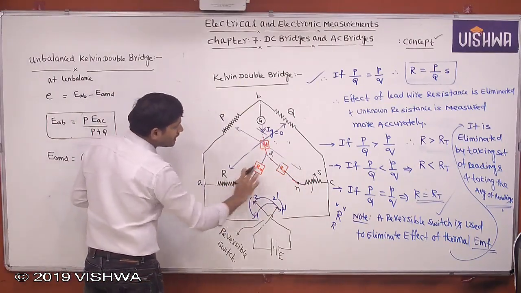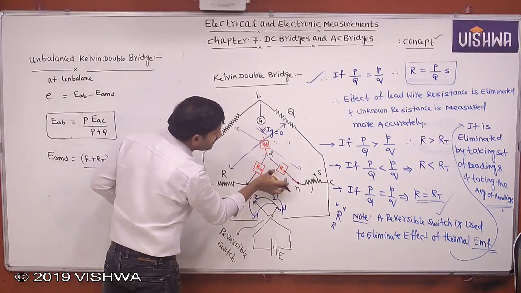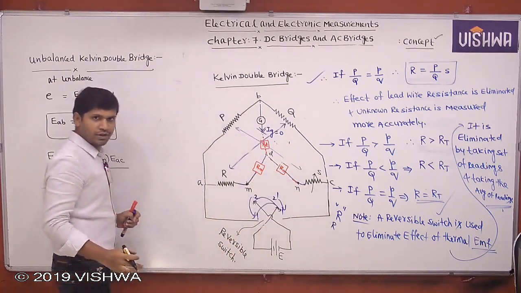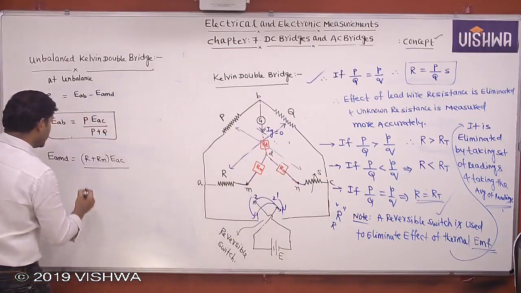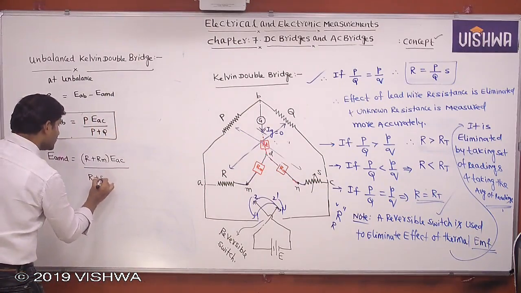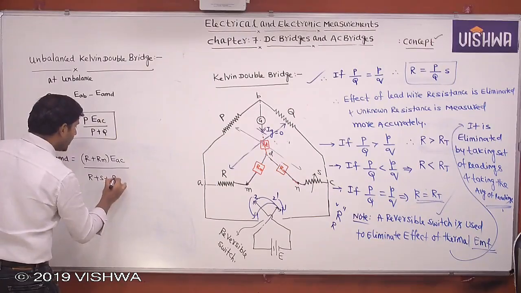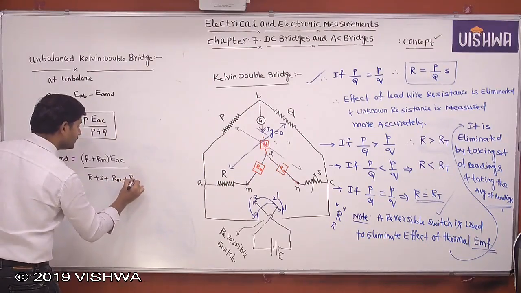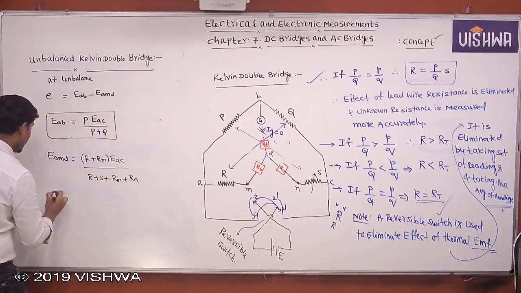This one, this one, this one and this one are connected. Clear? Then you write R plus S plus RM plus RN. Correct?